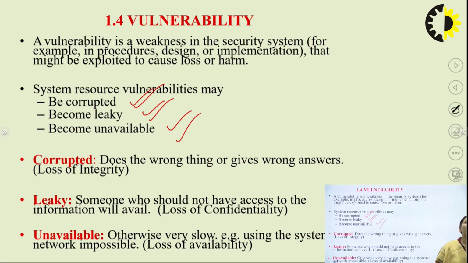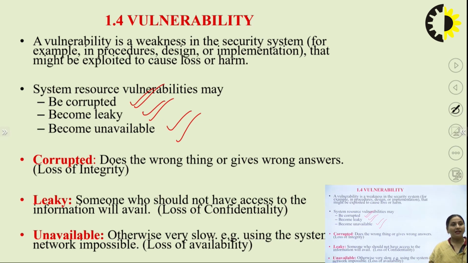That means it is giving wrong answers, and we say that it is corrupted due to a weakness in the system. It is a corrupted system due to which we are getting wrong answers, right? And based on those wrong answers, we can say that integrity, which is one of the most important concepts, is basically lost.